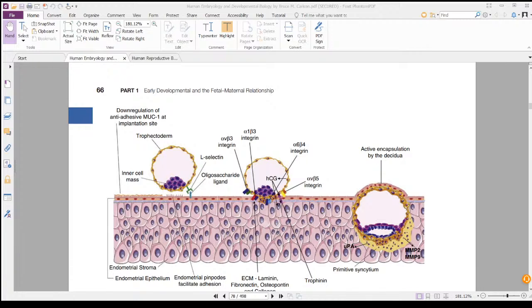So why does it not happen the other way around? Why does the abembryonic or vegetal pole not come into contact with the epithelial cell? In every successful pregnancy, only the embryonic pole comes into contact.